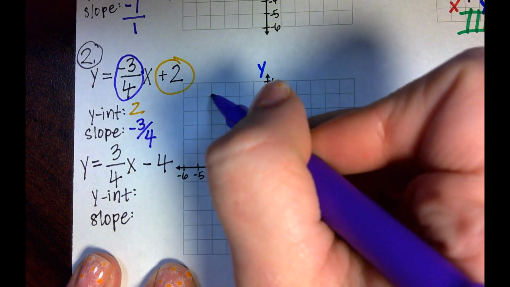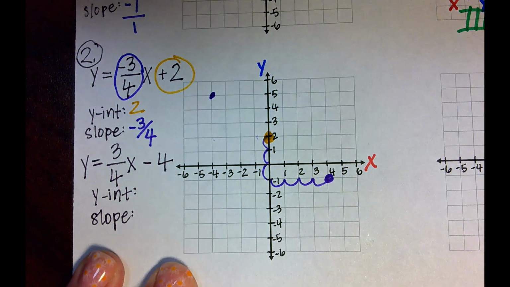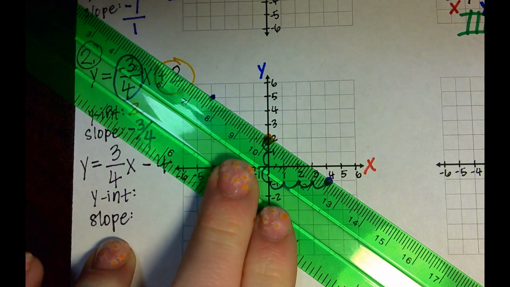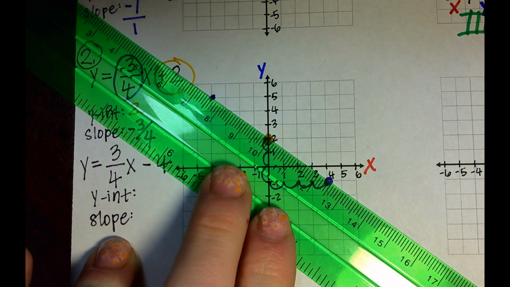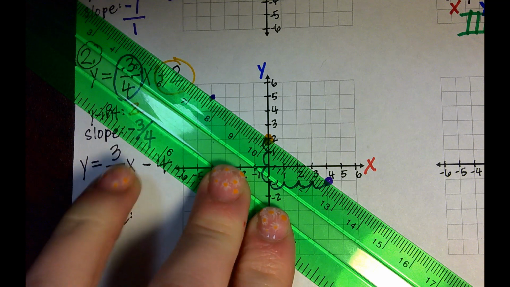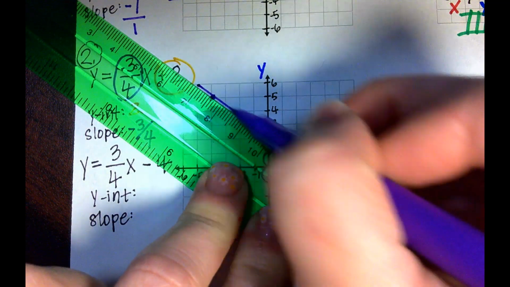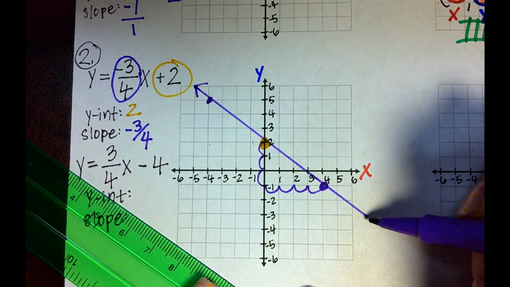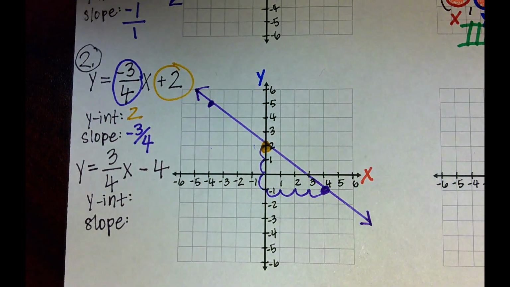Negative 4, I believe that's a point. Okay, I'm going to connect those. So there's my first line, and let's look at our second one.